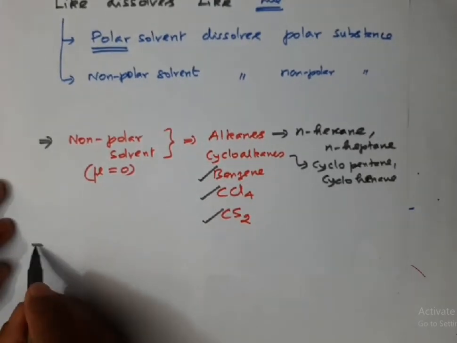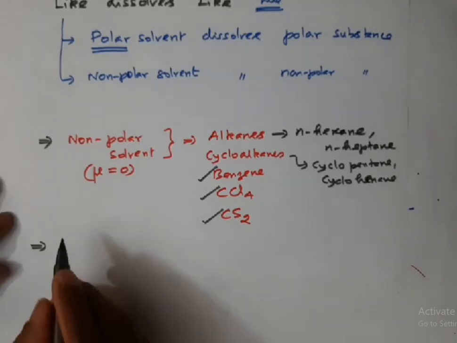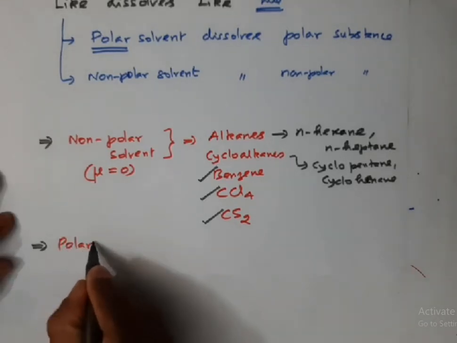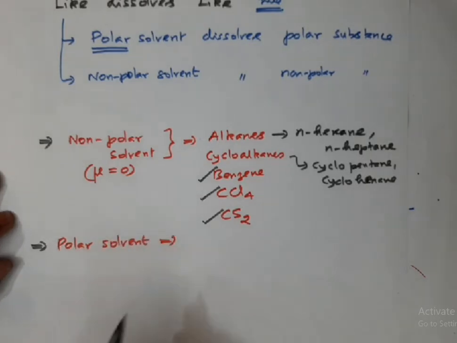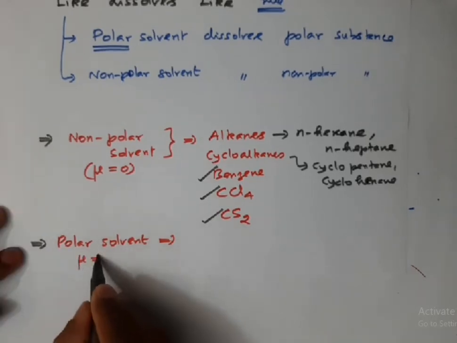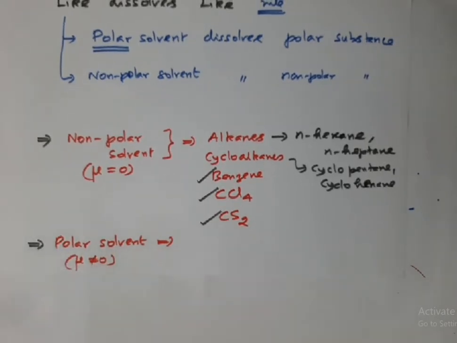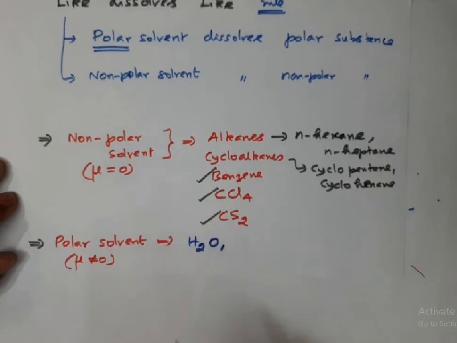Now I'll give a few examples of polar solvents. Polar solvent means the solvent molecules have some dipole moment; the dipole moment is not equal to 0. What are the examples? Water is a polar solvent.